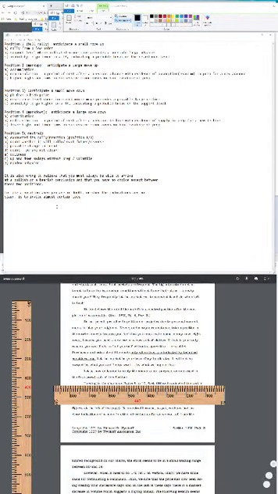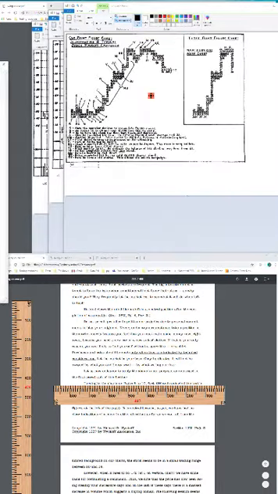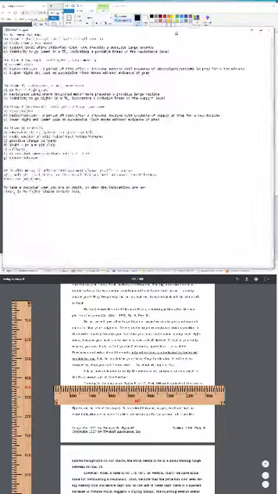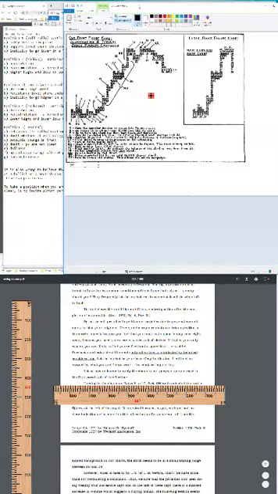Alright, finally, I'm going to get to page 8 and 9. So let's put this to the side.